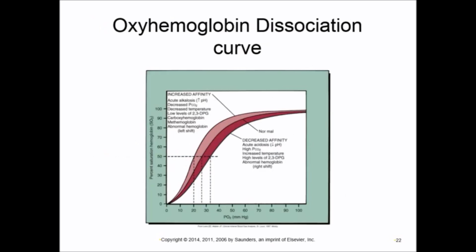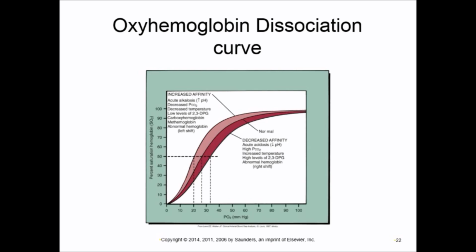Okay, so this is a curve. The curve is like this. This is normal. You see in the middle? If it goes like this, shift to the right. This is shift to the left. What we have to remember is, I don't want to get into the details. Shifting to the right means let oxygen go.